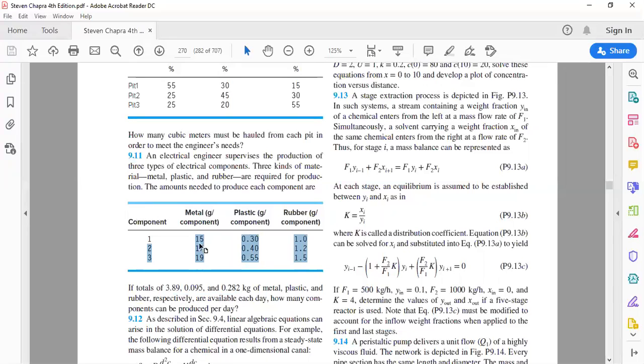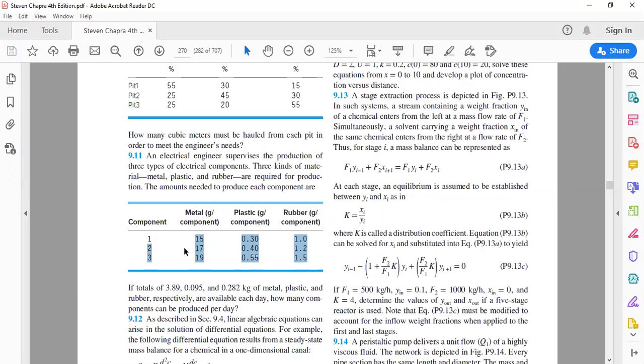These are the parameters you need, but these are the quantities that are available. So in this question, the A matrix doesn't change because it's a standard. To manufacture component one, you need this, which doesn't change.